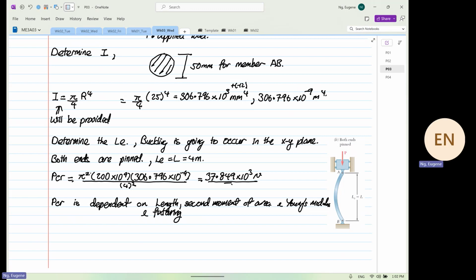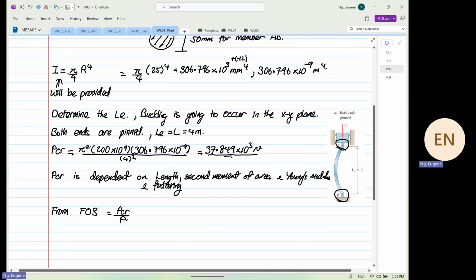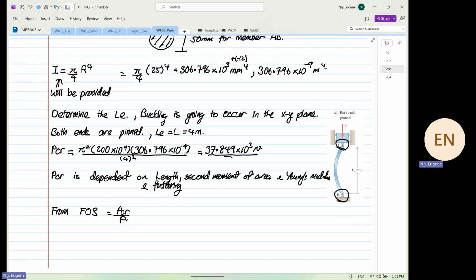Fixturing is how both ends are fixed. So that is the extended Euler's formula. So from here, we know that factor of safety is equal to PCR divided by P. So now we know that the factor of safety given is 2.0.